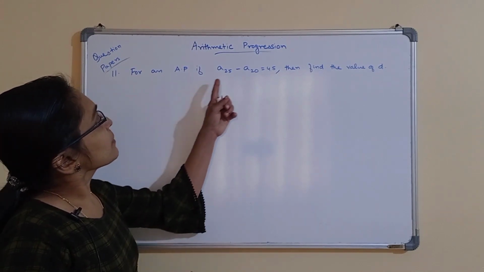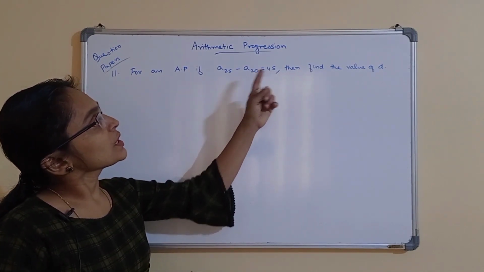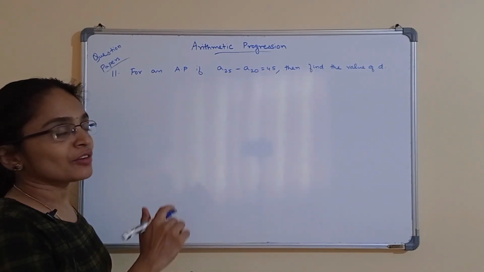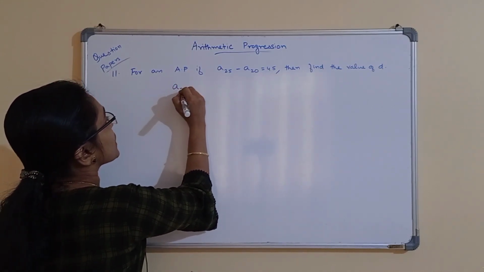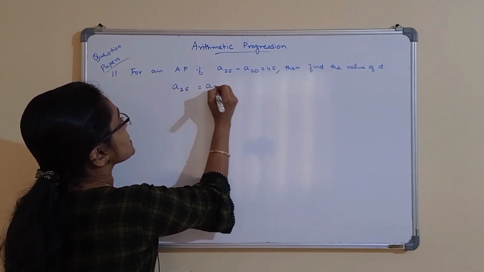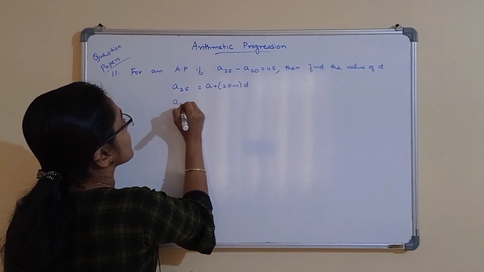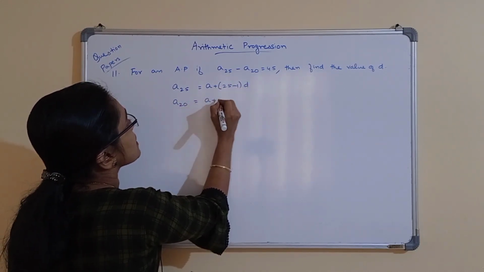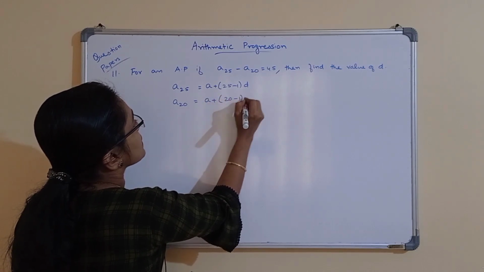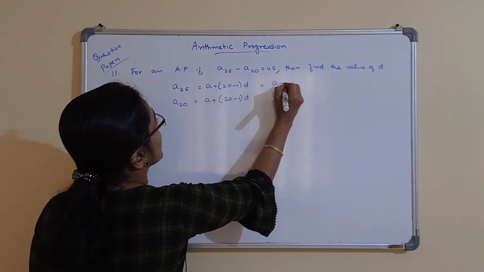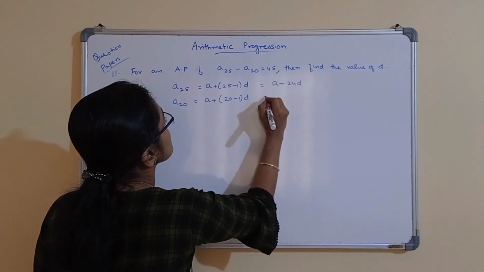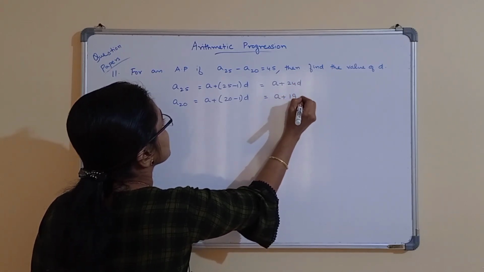Next one, for an AP, if A25 minus A20 equals 45, then find the value of D. We know that A25 equals A plus 25 minus 1 D, which is A plus 24D, and A20 is equal to A plus 20 minus 1 D, which is A plus 19D.